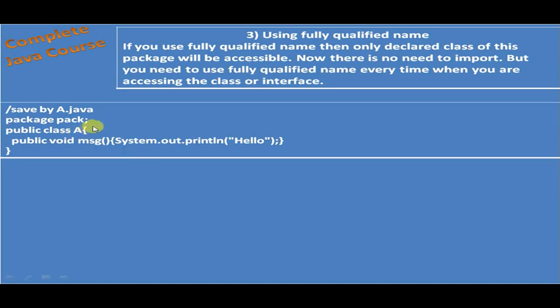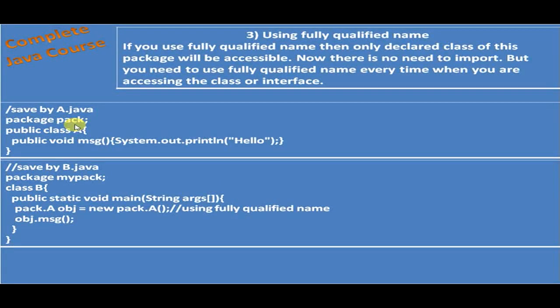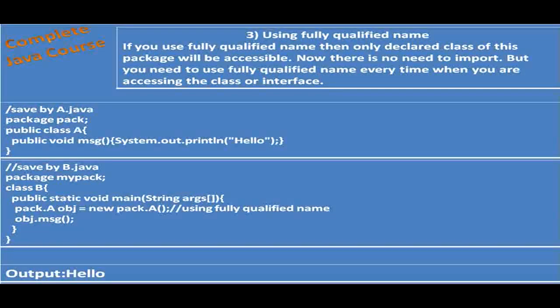Suppose here is class A within the pack package, and if you are using a fully qualified name, then you need not give the import keyword here. You just directly define pack.a, then create the object, and if you call the method of A class, you can call them.